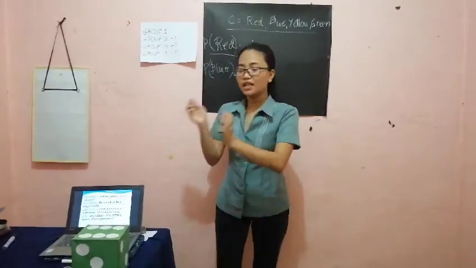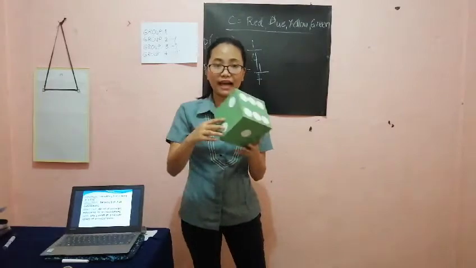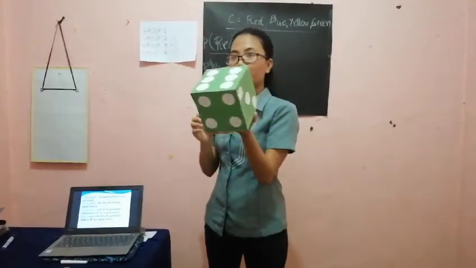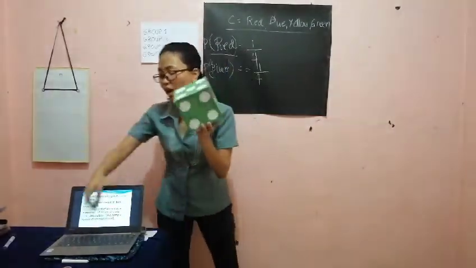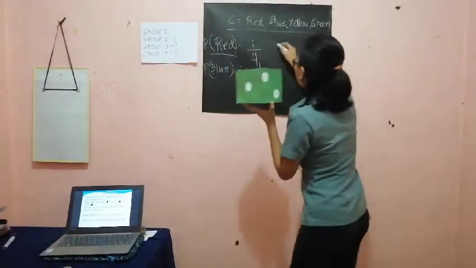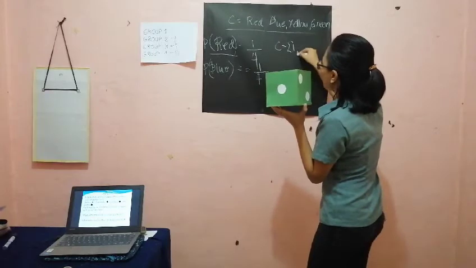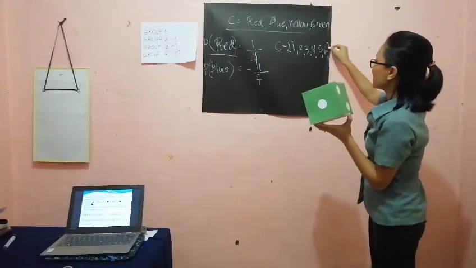Do you understand? Let's have this die. What is the characteristic of a die? Very good. As you can see, a die has 6 numbers, 1 to 6. So what is our sample space? Our sample space is numbers 1, 2, 3, 4, 5, and 6.